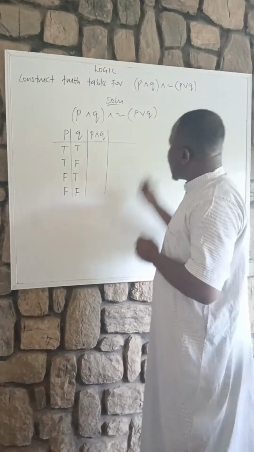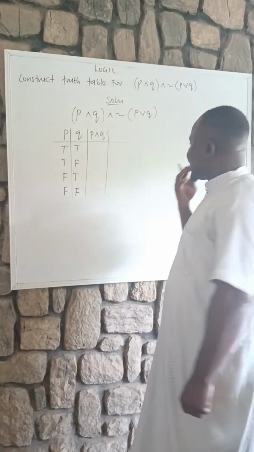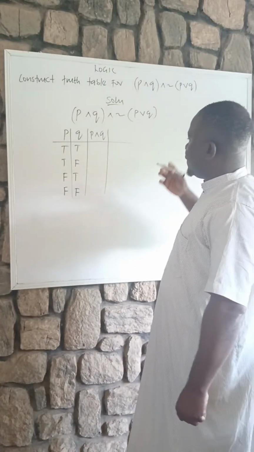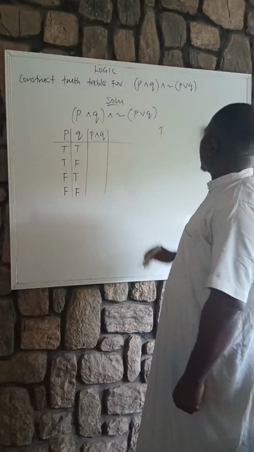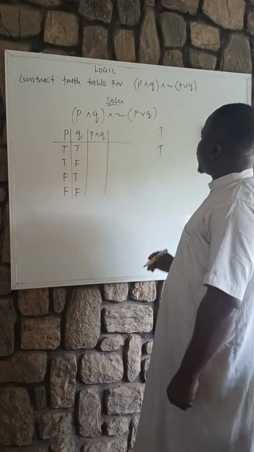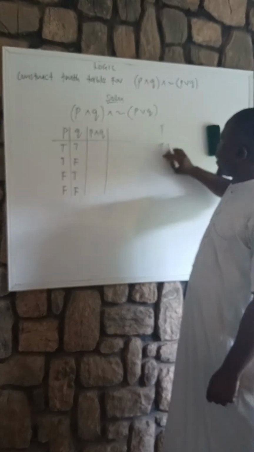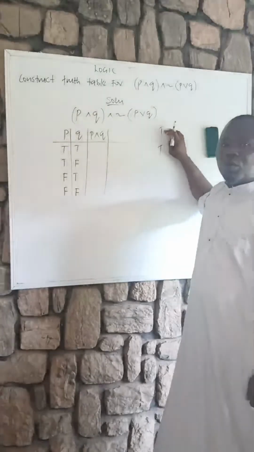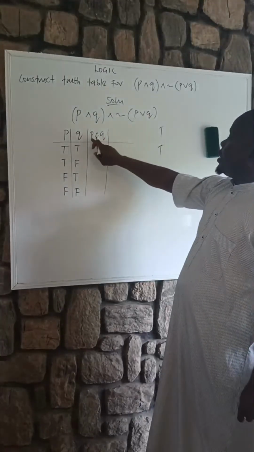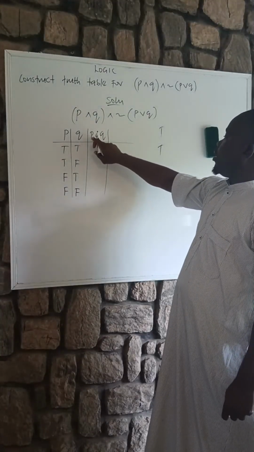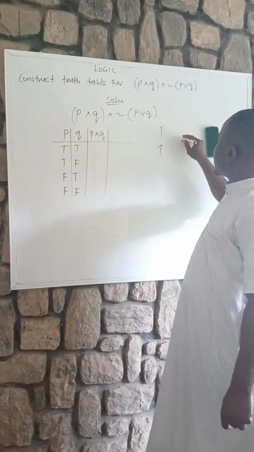That is, it means that if assuming they ask true or false, true. True or false, you write true. You can now see that the two statements here, this statement 1 is true, this one 2 is true. So it means the conjunction of P and Q will now be what?